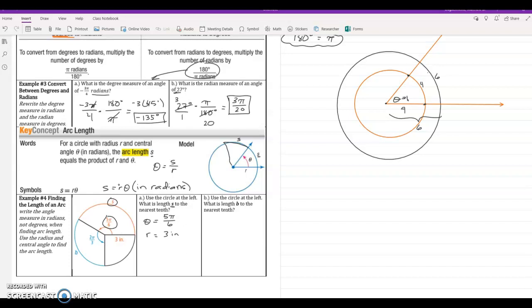So to solve for S, the formula is really simple. You take your theta, 5 pi over 6, and multiply it by 3 inches. So S is going to equal 3 times 5 pi over 6. Because it says to round, we could actually put that in our calculator.